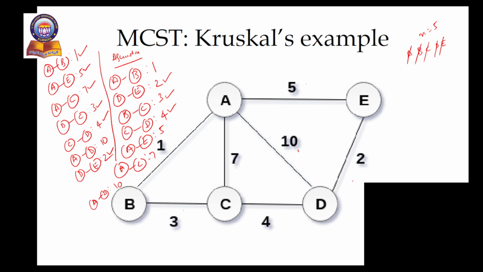If you recall, given the edges, rearrange them according to their cost in ascending order, and connect the edges in such a way that they do not form any cycles. That is how we can solve the minimum cost spanning tree problem using Kruskal's algorithm.